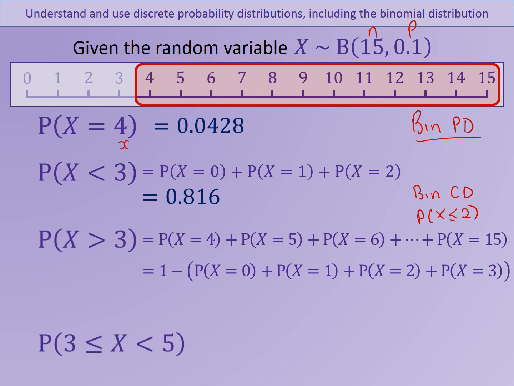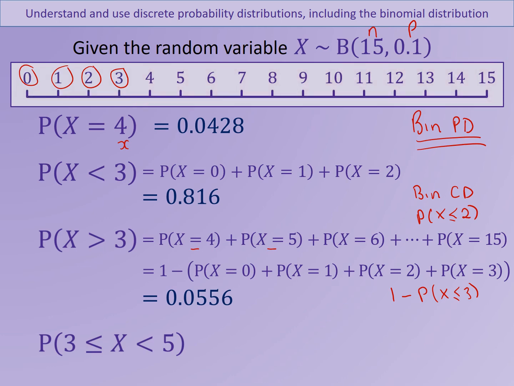Yes, because we want x is greater than 3, so we need to take off the probability of 0, 1, 2 and 3. If you've got the equals probabilities here, then you're using the binomial PD function, but you equally could solve this question using the CD function, and that would be 1 minus the probability that x is less than or equal to 3.